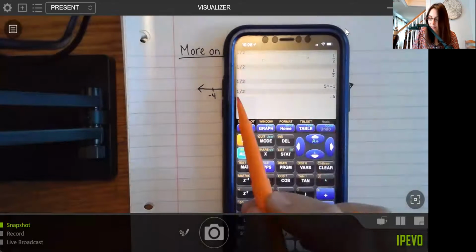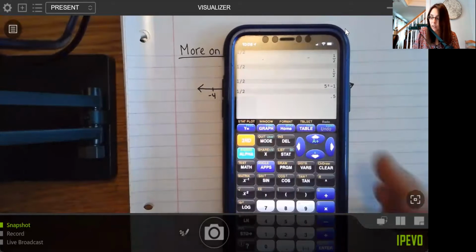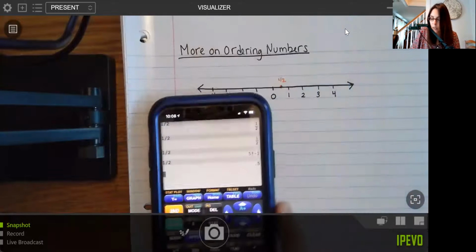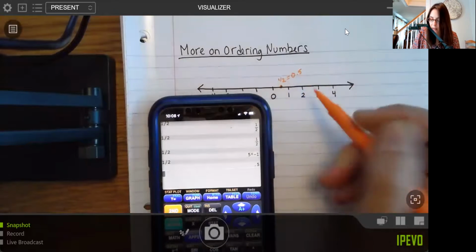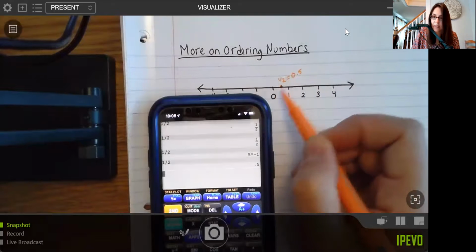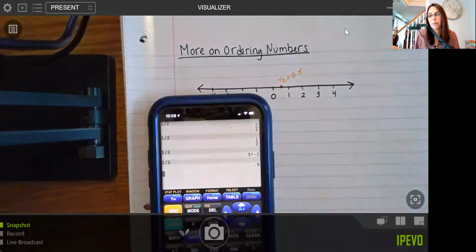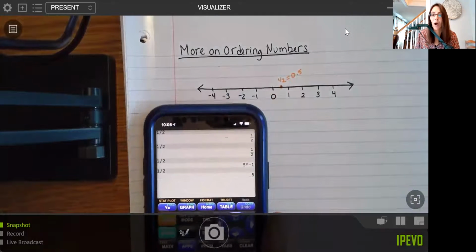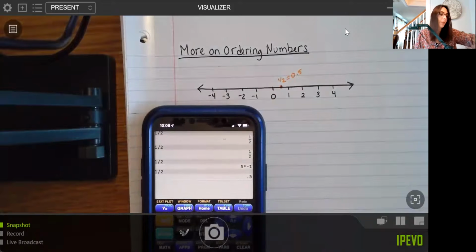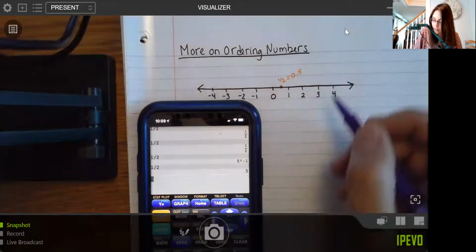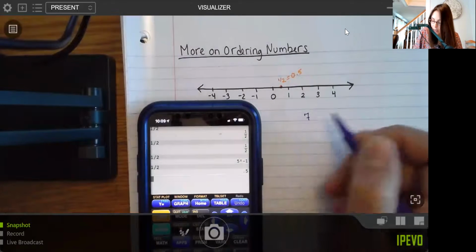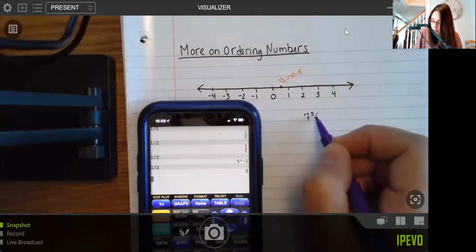And we can see that 1/2 is the same thing as 0.5. And if there's no number out front, there is a 0 there. So sometimes that helps because then you can see that it's going to be after the whole number 0, but before the whole number 1, right? Now 1/2, I think we're all familiar with, but if you have a more complicated fraction that maybe you don't know as well, so maybe I have something like, let's go off to the side, 7 3/5.